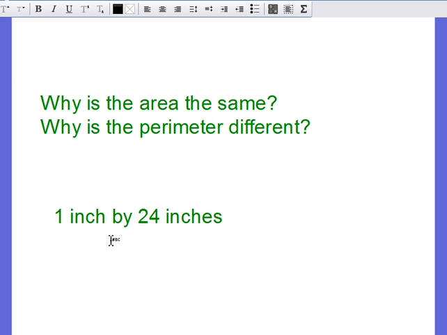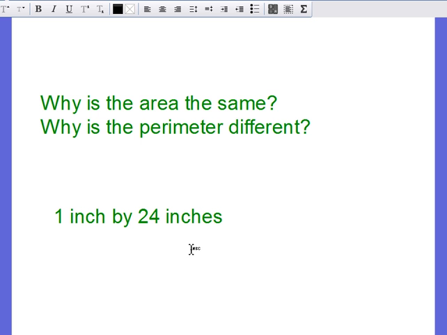So please have the squares out. Let's do 1 by 24. So make this 1 inch by 24 inches and build it.